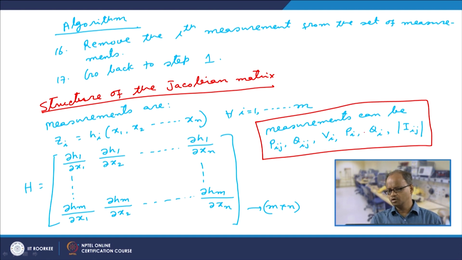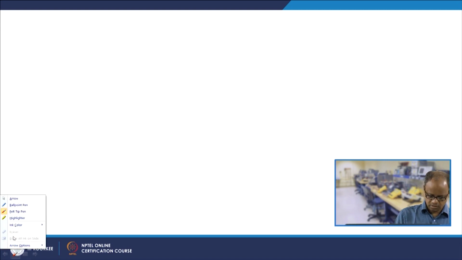We already know what the expressions of Pi and Qi are, and similarly Vi is also already known. So now let us look at what the expressions of Pij and Qij are. So now let us look at some expressions for the different measured quantities.